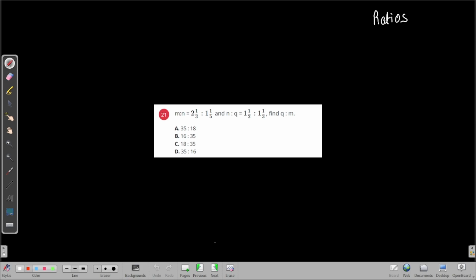Oof, this is a question on ratios. Okay, we have m ratio n. Remember that ratios are fractions. Okay, ratios are fractions. Let's first of all write this as improper fractions.